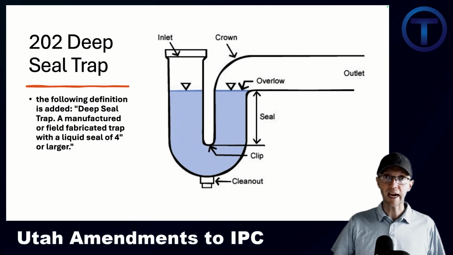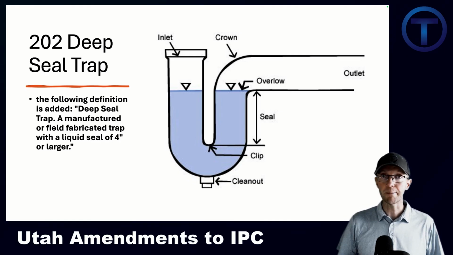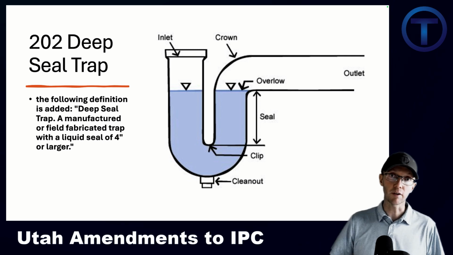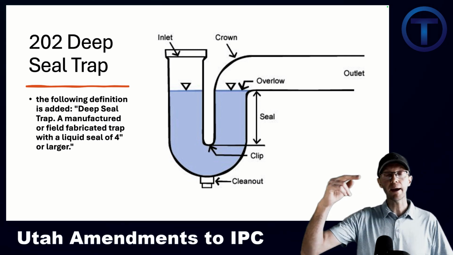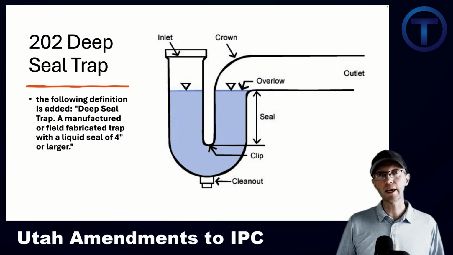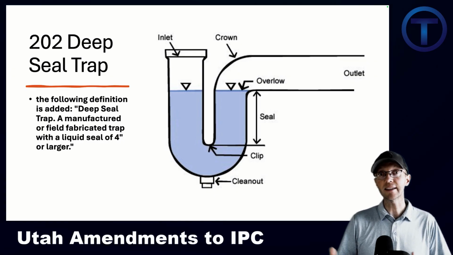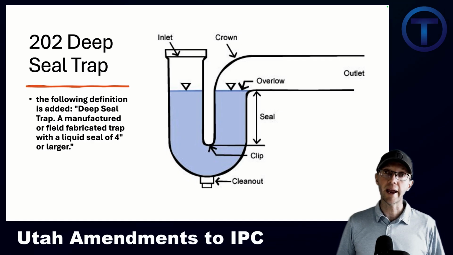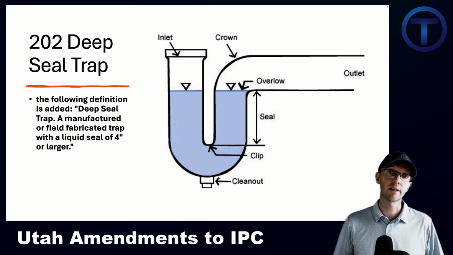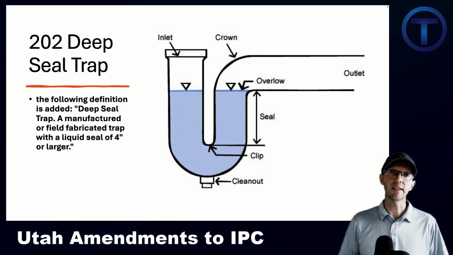Well, you just get 90s, right? You have the U shape of the trap, but if you use a regular 90 and not the street 90, you can cut that piece to whatever depth you want. You can create a 4-inch trap seal, a deeper seal. What is the advantage to that? Well, it's not going to dry out as fast. It's going to last longer. So we have this new definition, deep seal trap.